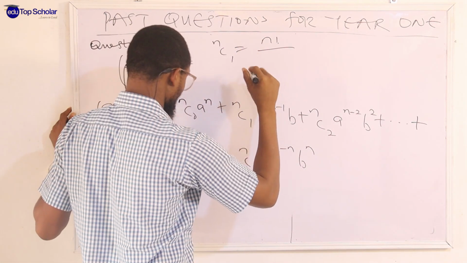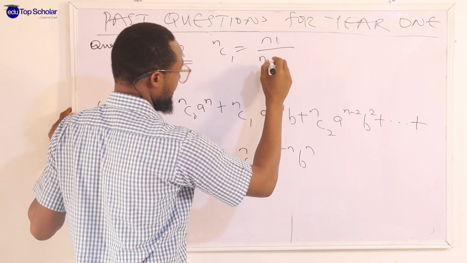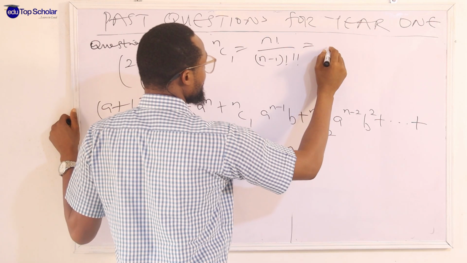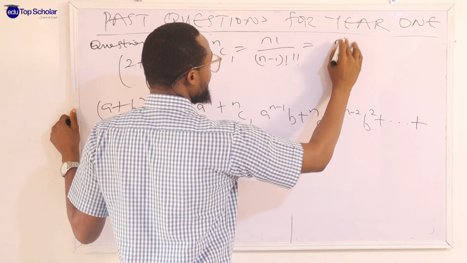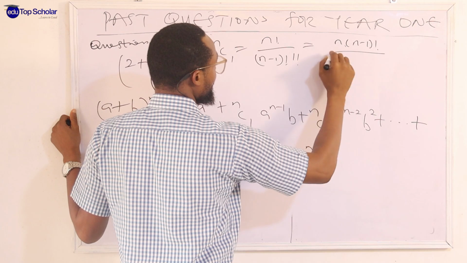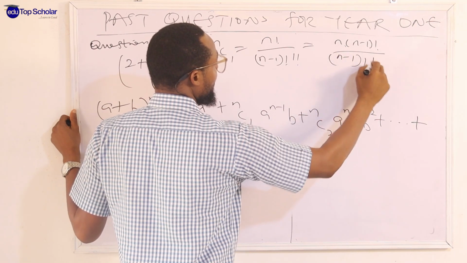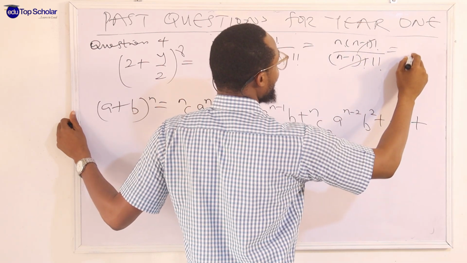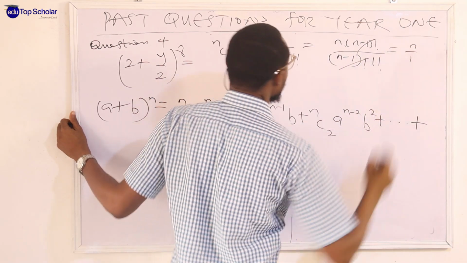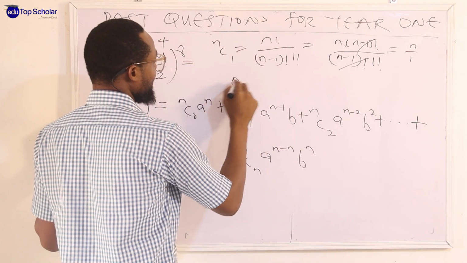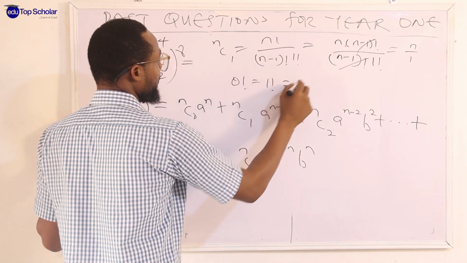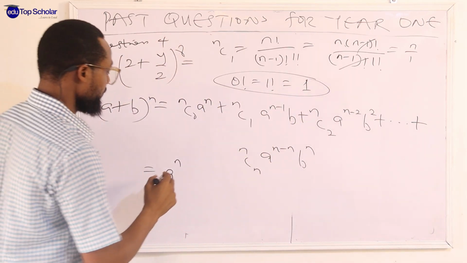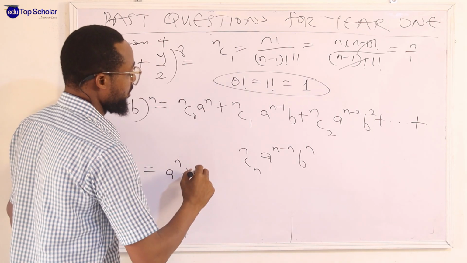This gives us n multiplied by n minus 1 factorial over n minus 1 factorial 1 factorial, and this gives n over 1, since 1 factorial is 1. Factorial notation has the property that 0 factorial equals 1 and 1 factorial equals 1. We should take note of this. It's very important.